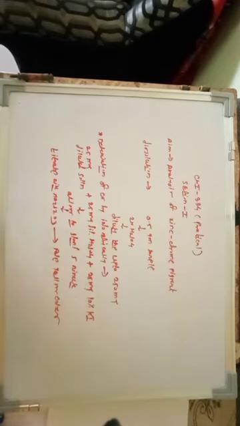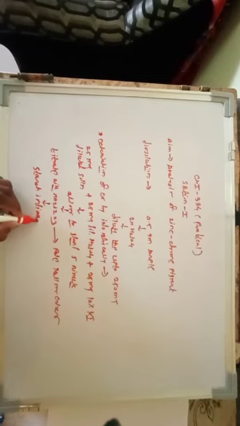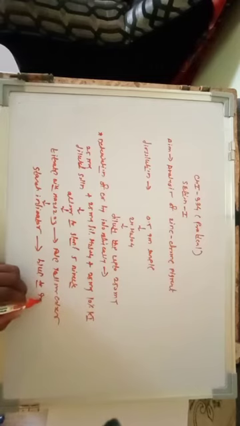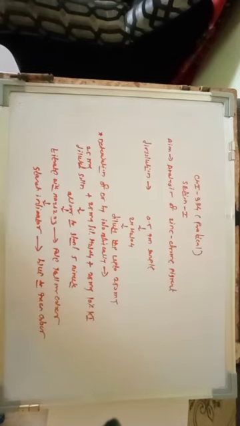Then add starch indicator and titrate again with Na2S2O3 solution until the color of the solution changes from dark blue to green. That is the end point of the titration. So it is very simple.